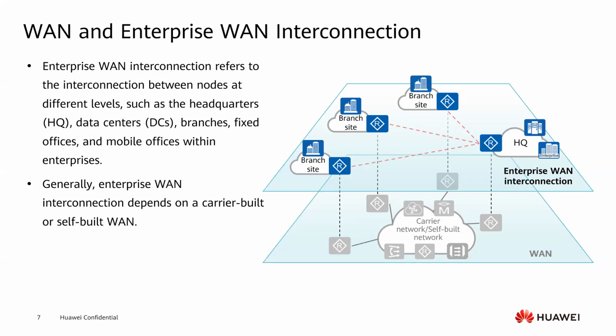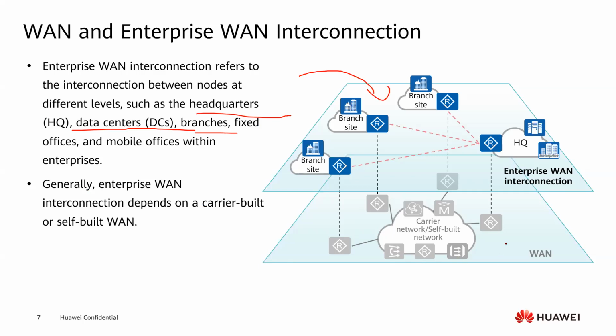The enterprise WAN interconnection basically means that I use this WAN network to provide the connection between the headquarters, the branches, the data centers, or maybe other fixed offices or mobile offices, etc. You can look at the picture on the right side.